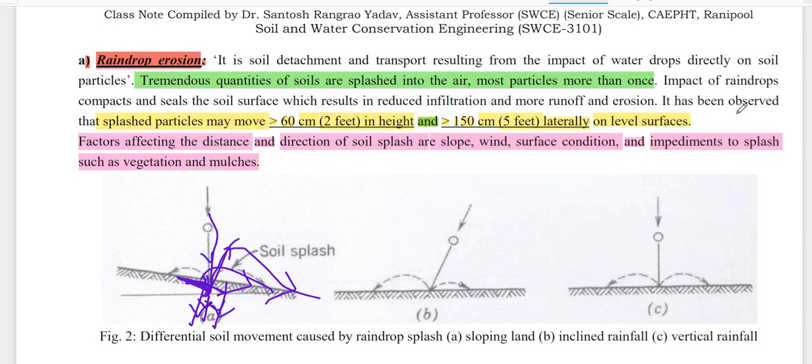Now it is observed that the splashed particle can move up to 2 feet in height and 5 feet laterally, meaning on the level surface. That is 60 centimeters in height and more than 150 centimeters on the lateral surface.